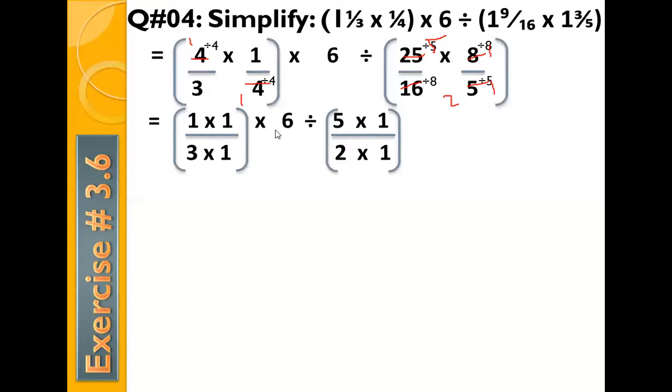You will simply multiply the numerators, because nothing can be reduced here. And please do not touch these things, because we have to solve what is written inside the bracket first. Now I'm going to multiply this. Please do not multiply this 1 by this 6. Now 1 multiplied by 1, what will it become? 1 ones are 1 and 3 ones are 3.